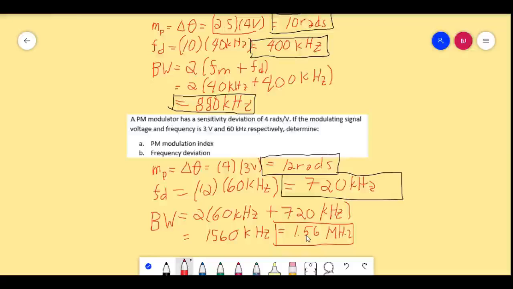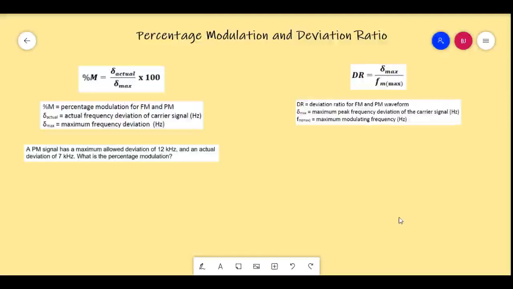Up next, we would be looking into deviation ratio and percentage modulation for both FM and PM. Let us continue with determining percentage modulation and deviation ratio for both FM and PM.